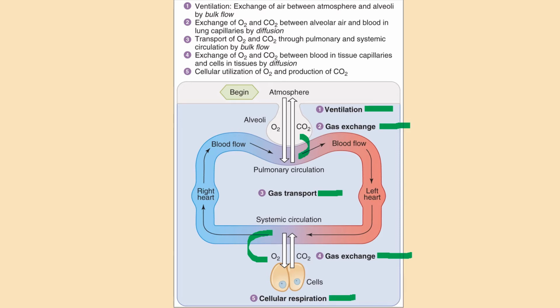But now you know cellular respiration is referring to the process by which these cells are making ATP. And this process uses oxygen and it generates carbon dioxide. And this is the whole reason why we require a respiratory system and a circulatory system to constantly deliver oxygen to our tissues and to cart away carbon dioxide.